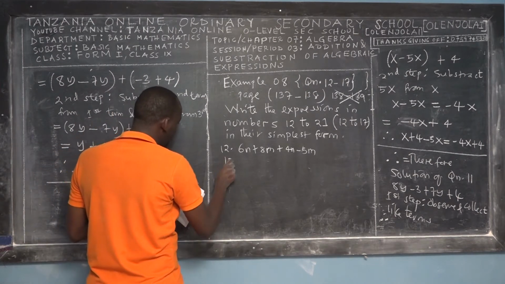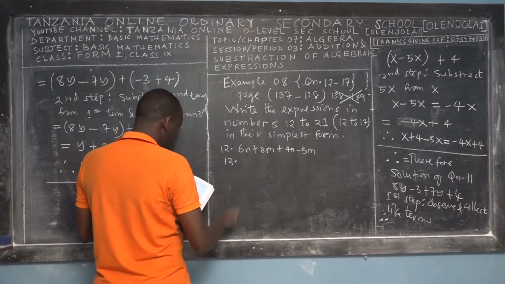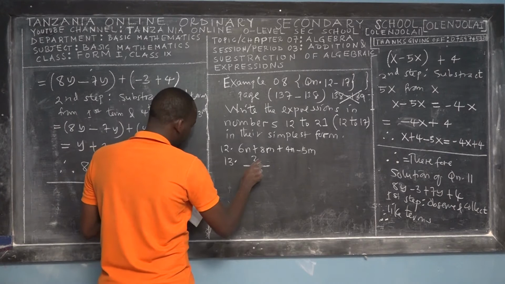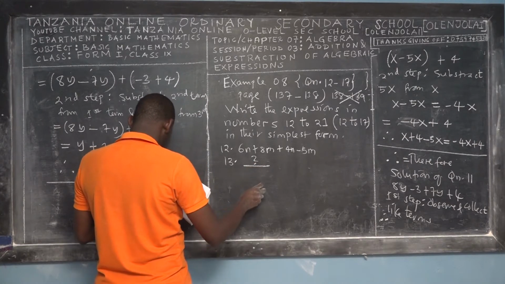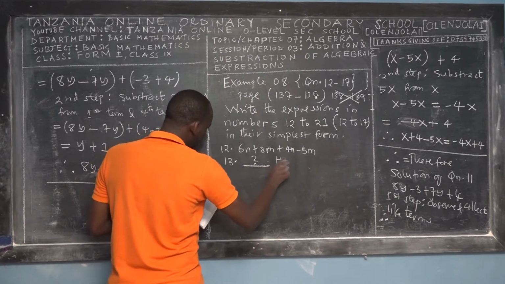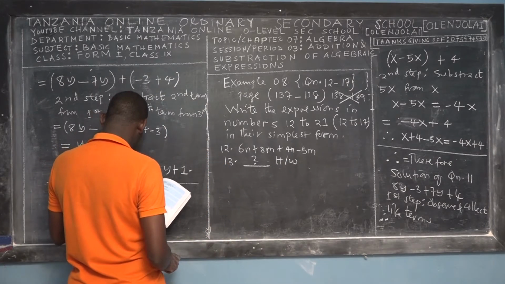Then 13, this is a blank question, and because it is simple, homework. Every blank question, we leave it as homework.